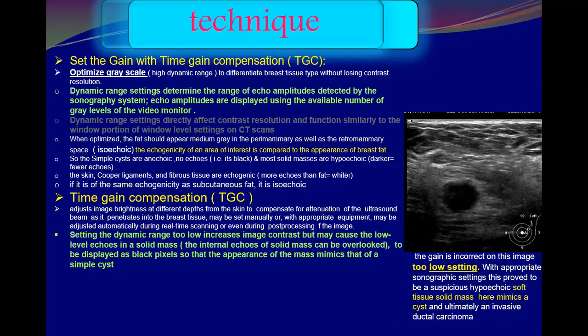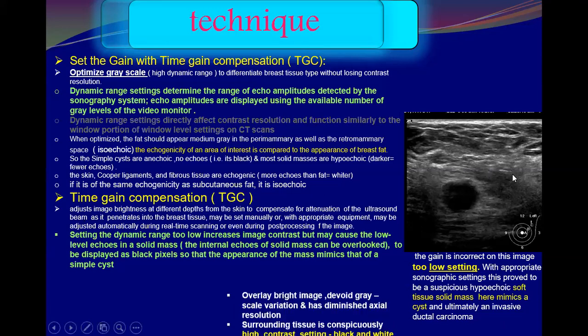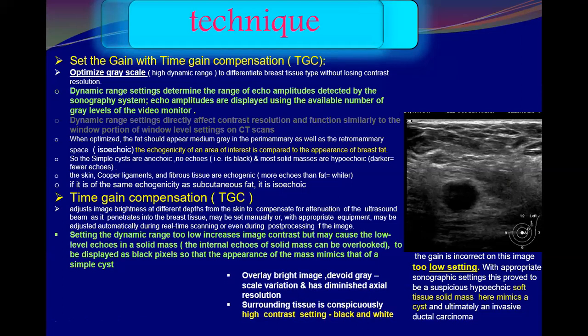How do we understand the gain is too low? It is the reverse for the contrast. Look at the contrast, the difference between the fat and Cooper ligaments. Everything looks black and white. The overlay image is devoid of grayscale variations. There are no grayscale variations, only black and white.